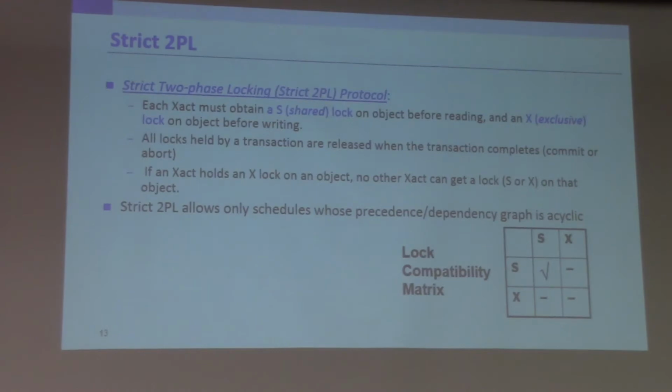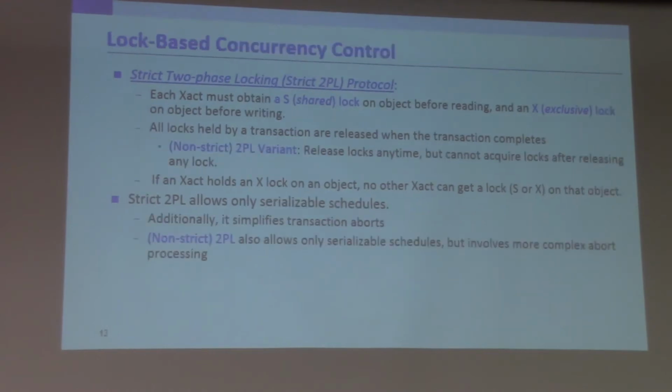Now that being said, what about non-strict two-phase locking? The non-strict variant is very similar to strict two-phase locking, except it allows you to release locks a little bit sooner if you would like to.